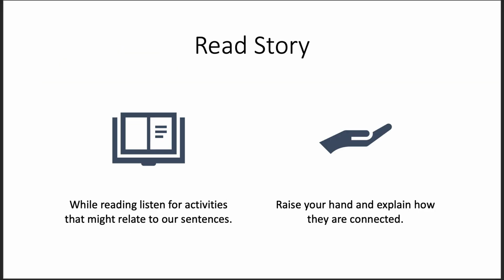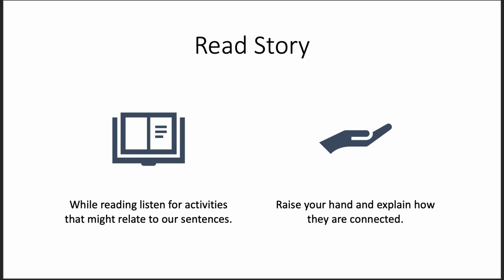And then you're going to use those sentences while reading a story. So you want to find a book or a story or some sort of text where it involves different traditions or celebrations. So while reading it, you're going to ask your students to listen for activities that might relate to the sentences.